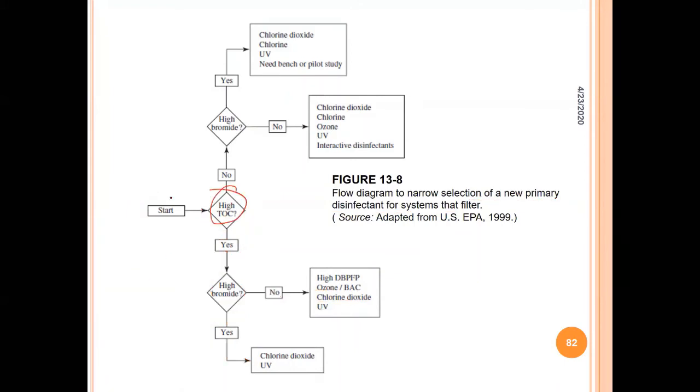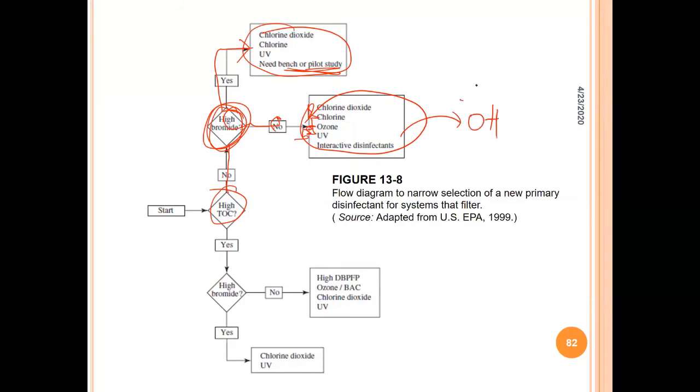If the TOC is not high, then again we check for bromide. If bromide is present, then we use this kind of disinfectant, or we do some pilot study. If bromide is not present, then we can use ozone or UV, chlorine, chlorine dioxide, and interactive disinfectants, meaning a combination of these, or some disinfectant which produces hydroxyl radical, like ozone and UV, or UV or H2O2.